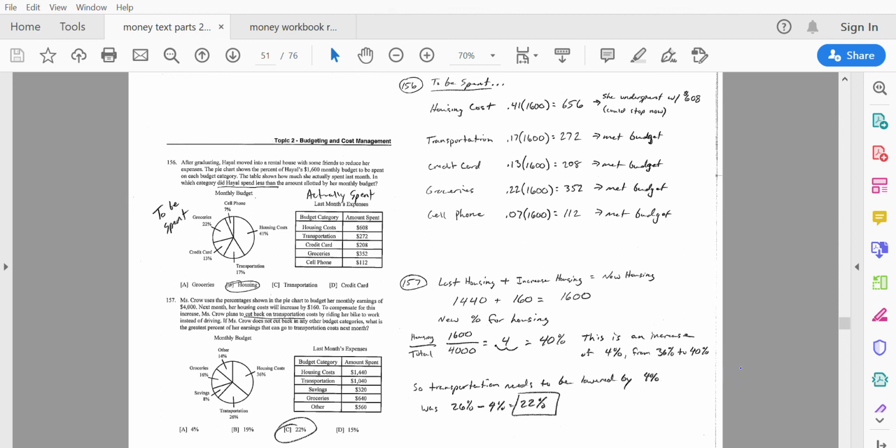So that's the other way of doing the problem. Okay. All right, so that is objective 35.